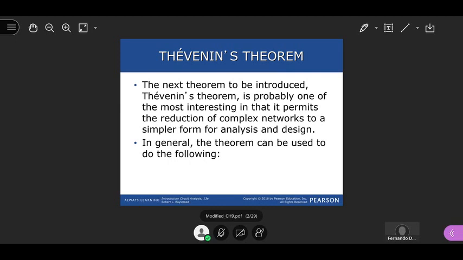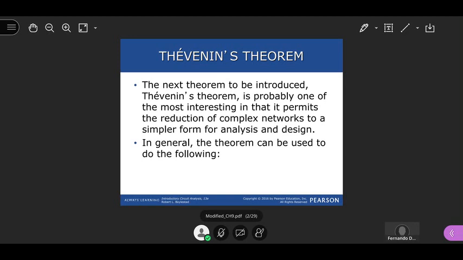In this one, we're going to use it for two reasons. And one is take a circuit that you have, a complex network, for example, that has resistors which are not in series, not in parallel. They cannot be reduced more than what they are, and you may have several sources on the circuit.